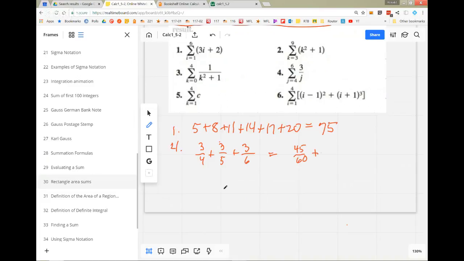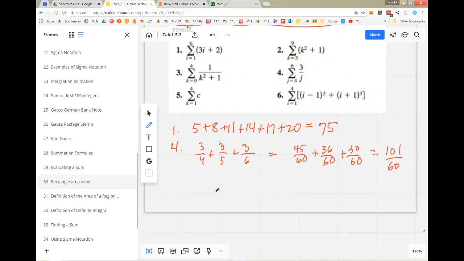Next one. 5 goes into 60 12 times, so that'll be 36/60. And the last one would just be 30/60. Add them all up, and what do we get? 81, 101/60.